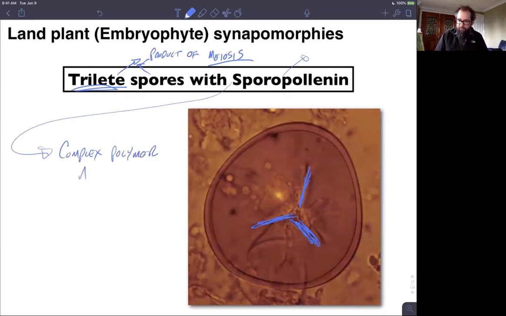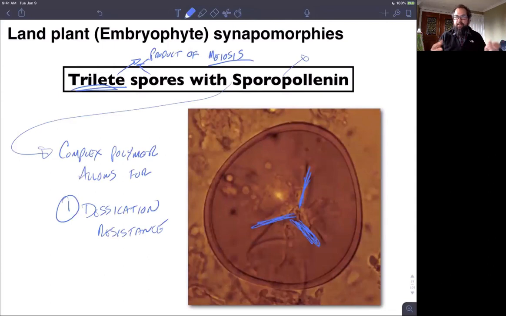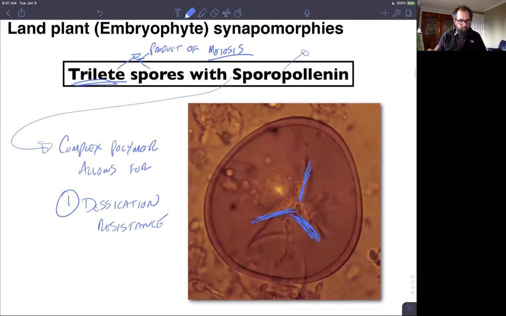It allows for, one, desiccation resistance. Remember, we're moving on to land. Dealing with desiccation is a big deal. Cuticle also dealt with desiccation resistance. Well, this is dealing with desiccation resistance in the spore stage of the life cycle.